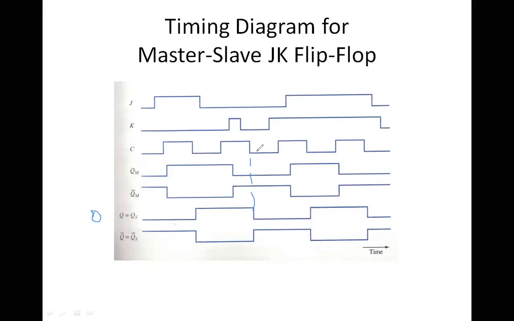At 0 value, it will check, and then the master's value is passed to the slave. Understood? So the slave is working when C is 0, and the master is working when C is 1. Is it clear? Before this instant, the same value will be held. It will not change.